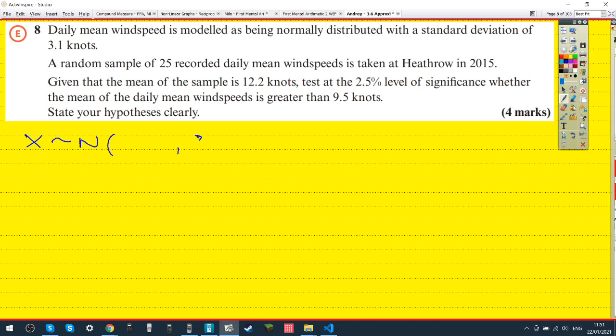And 25 recorded daily means. Oh, is the mean going to be 12.2? Mm-hmm.